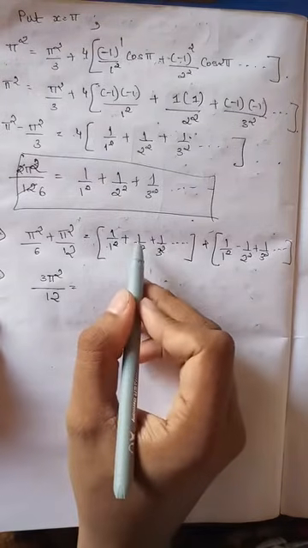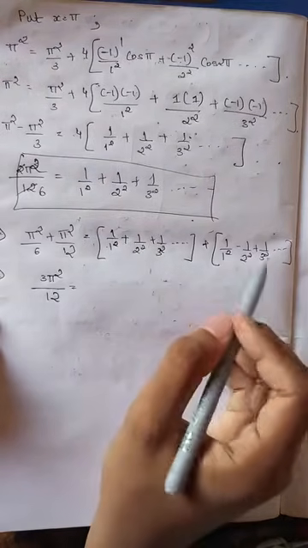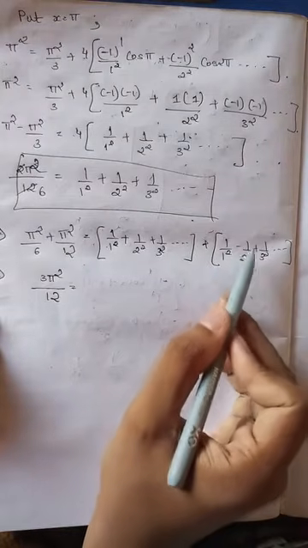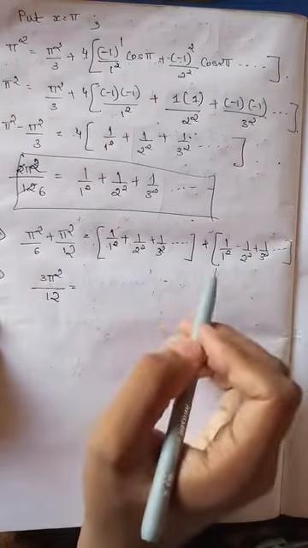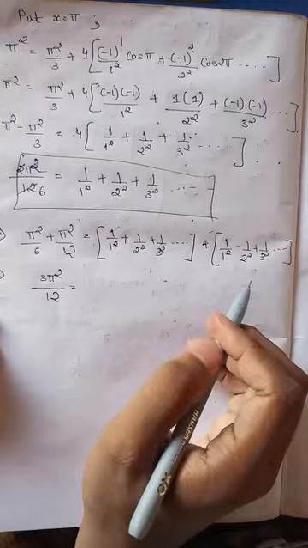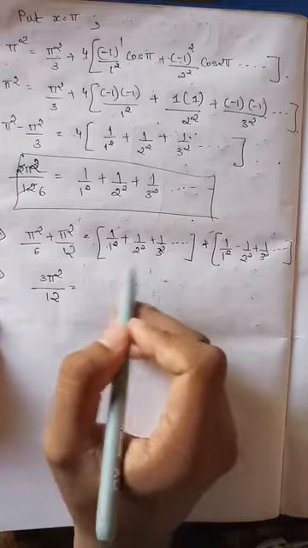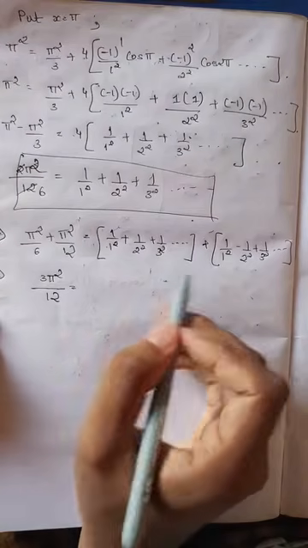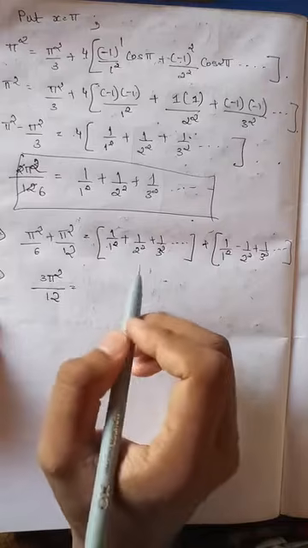In this series it's 1 by 2 square, and in the other series it is minus 1 by 2 square, so those two get cancelled, and in the same way all the even terms get cancelled, and all the odd terms will be multiplied by 2.